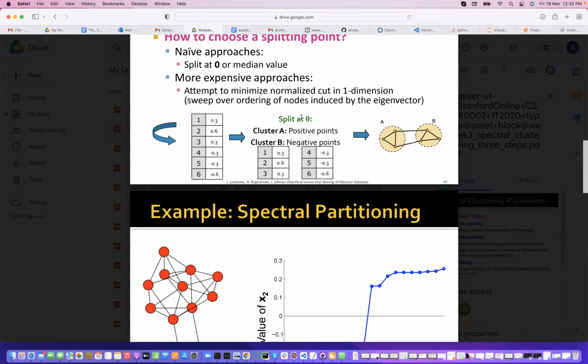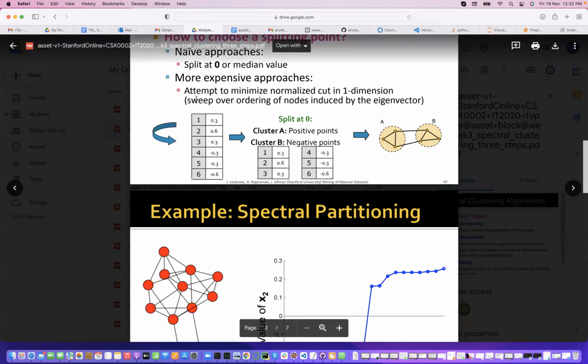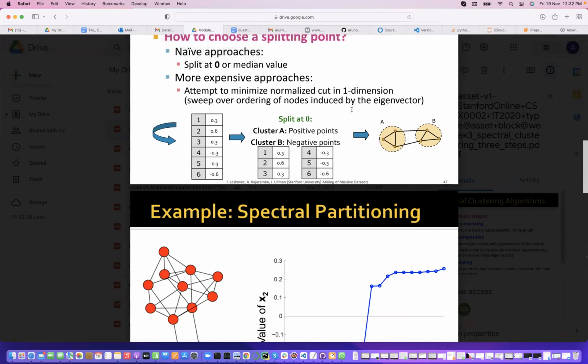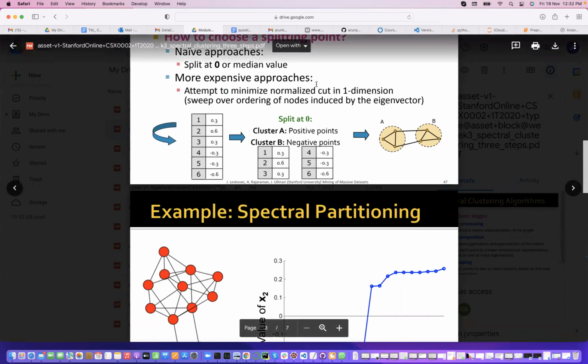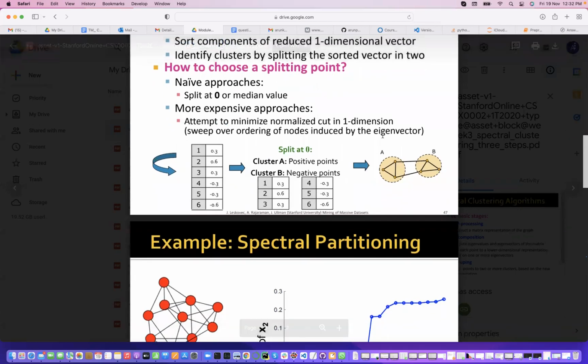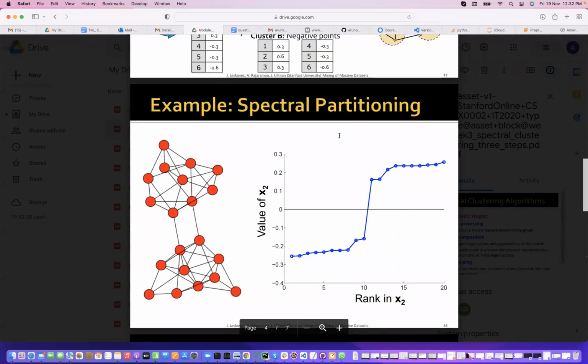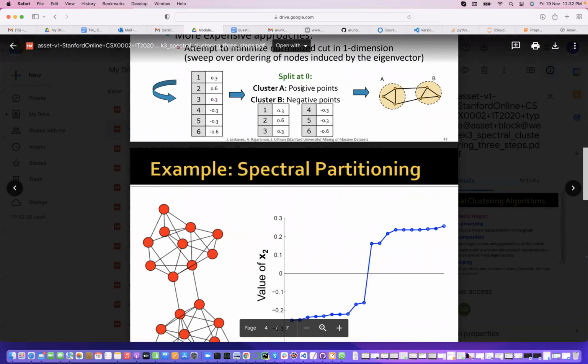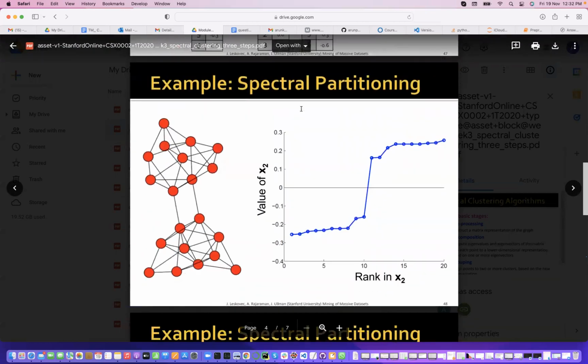This is nothing but an attempt to minimize normalized cut in one dimension. So based on these values, you try to get it in one dimension, but this is more expensive, meaning it takes more time. But the simple thing is either split at 0 or split at the median.